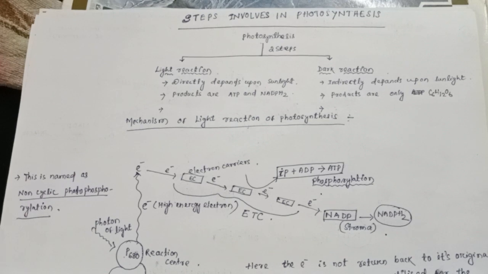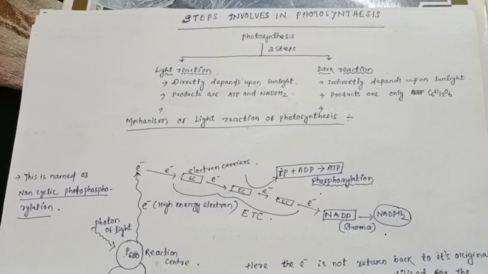Inside the thylakoid membrane, a number of photosynthetic pigments are present, and these pigments participate in the mechanism of light reaction. Whenever these pigments absorb sunlight, the process of light reaction is initiated.